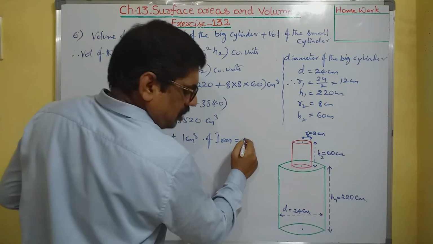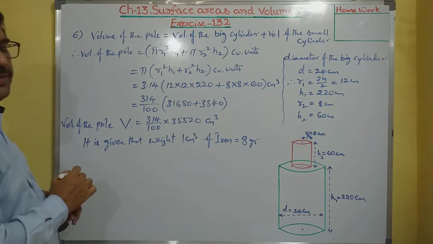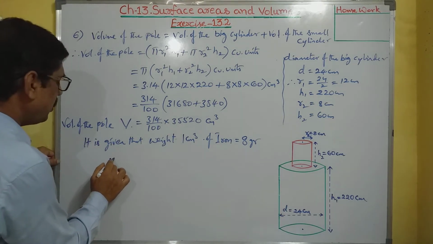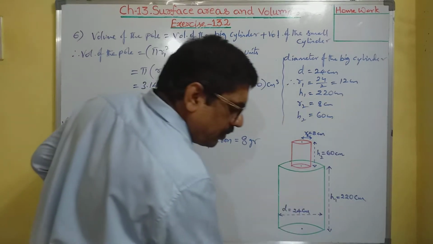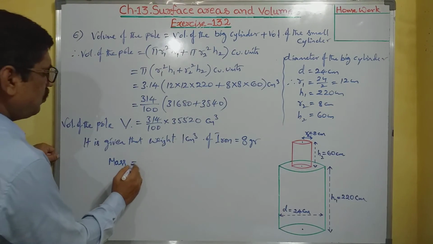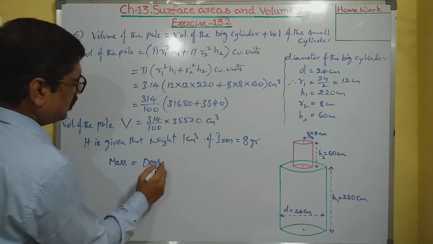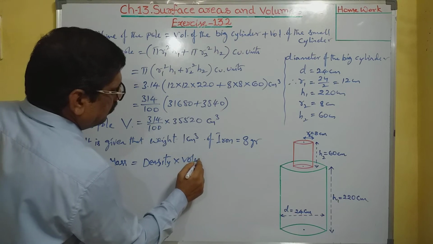So this is nothing but density. And we have a formula. What did he ask us to find? We need to find the mass. So mass is equal to D into V, density into volume.